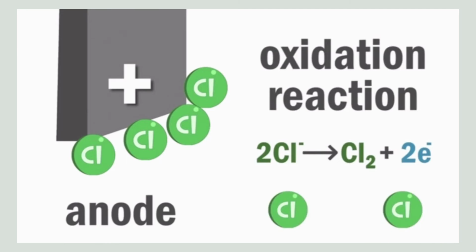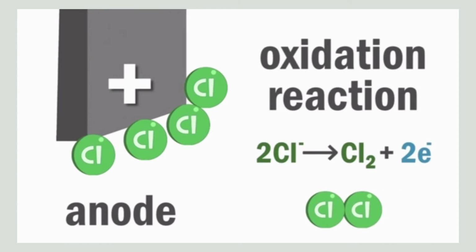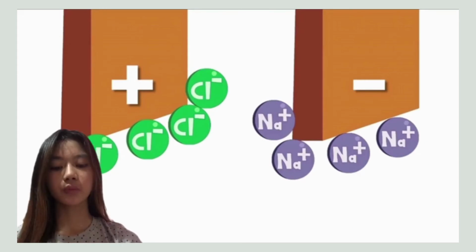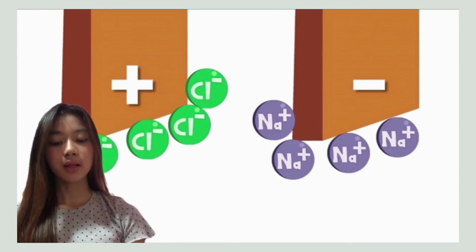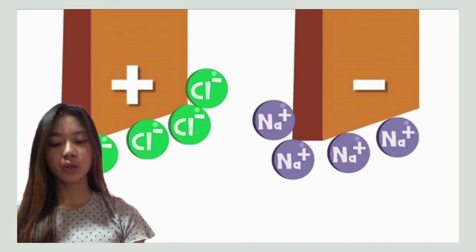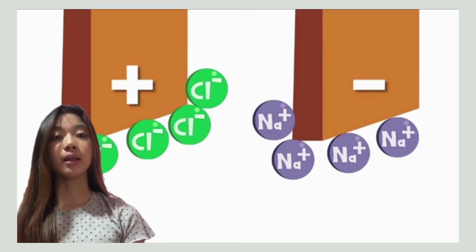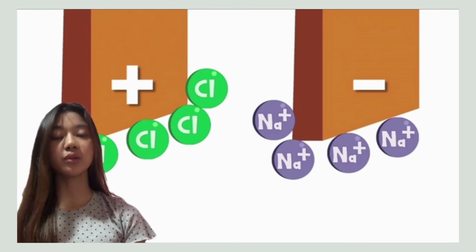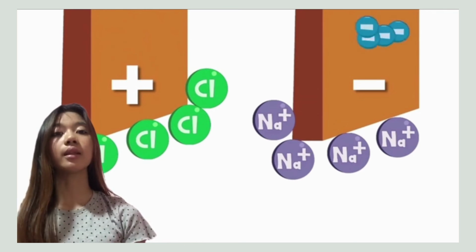The single chlorine atoms then pair up to form chlorine molecules, and chlorine gas is produced. In simpler terms, the reaction at the anode is oxidation, which means loss of electrons, and the reaction at the cathode is reduction, where it gains electrons.